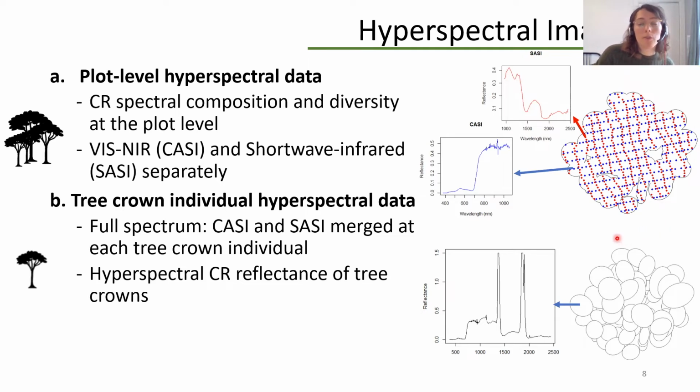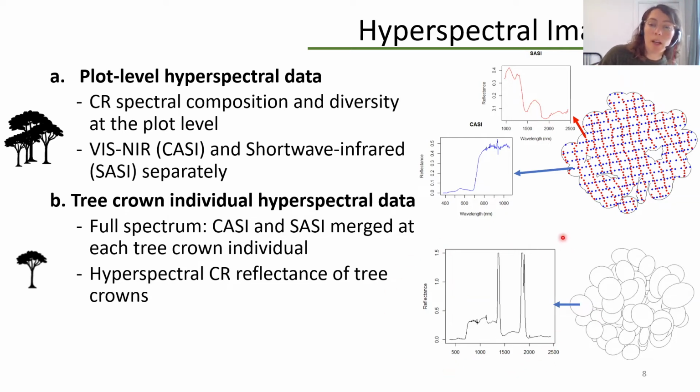But we can also, of course, generate a joint data set using the tree crowns delineated in the field. What I did here is that I averaged all the reflectance points from the CASI sensor and all the reflectance points from the SASI sensor within each of the crowns, and then I merged them together, resulting in a full spectrum like this one here.